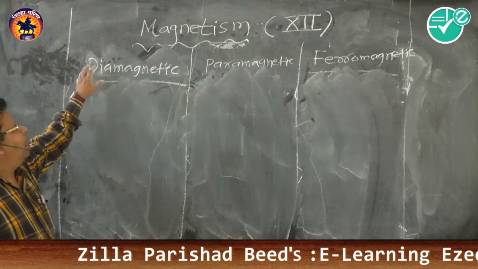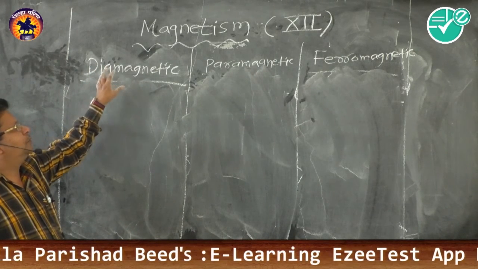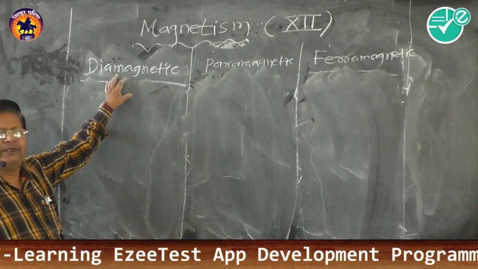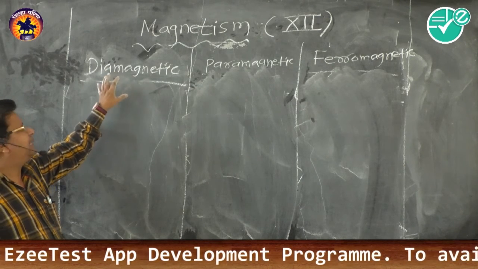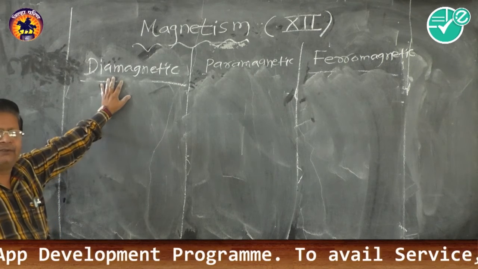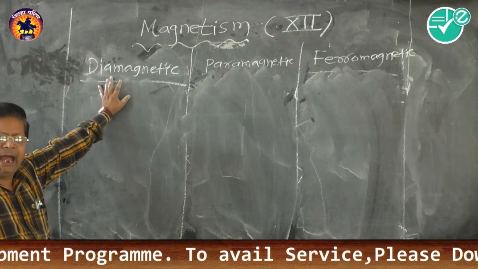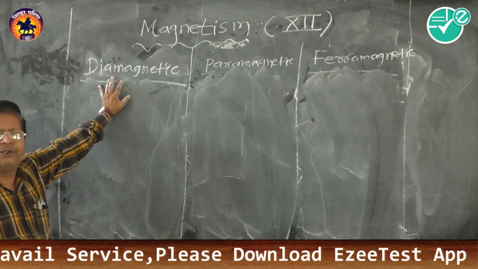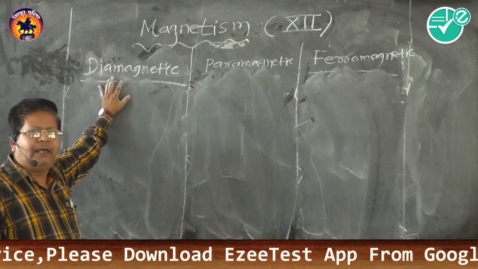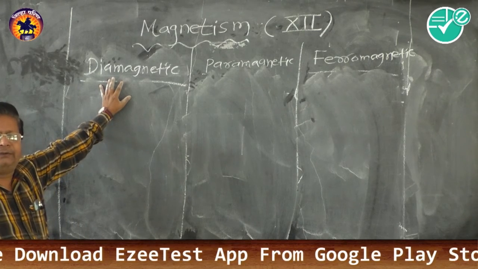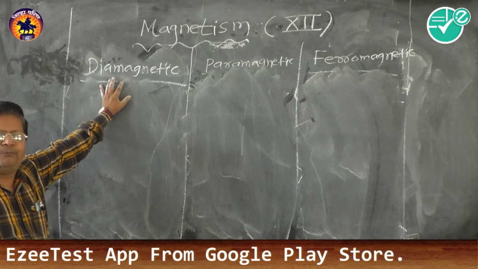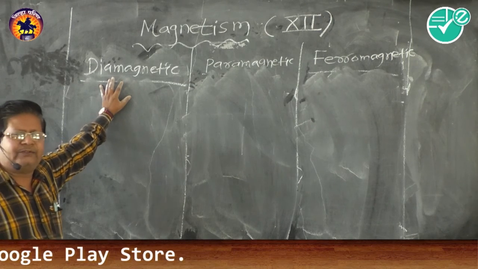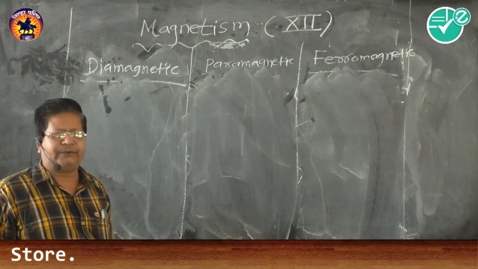So, from the three categories of magnetic substances or materials, diamagnetism is universal, and diamagnetic materials at low temperature behave like perfect conductors and perfect diamagnets, and the effect is called Meissner's effect.